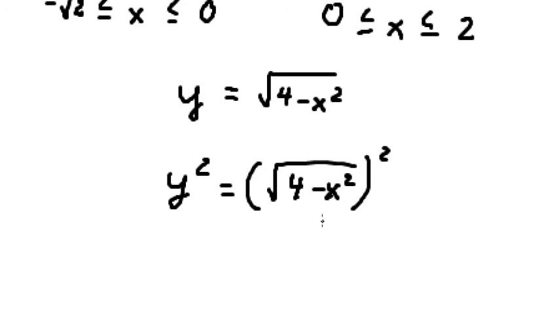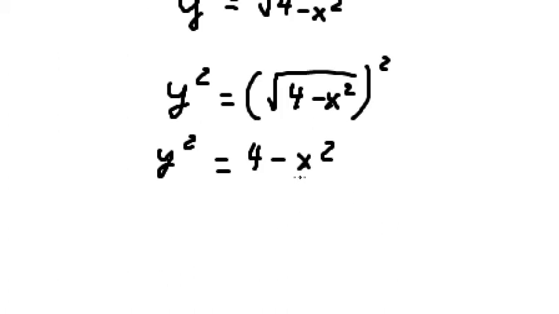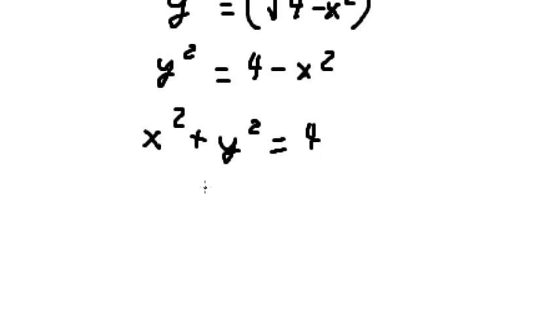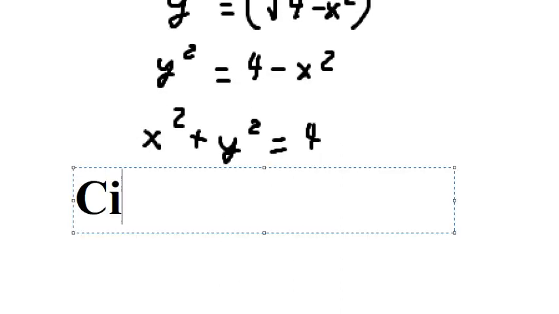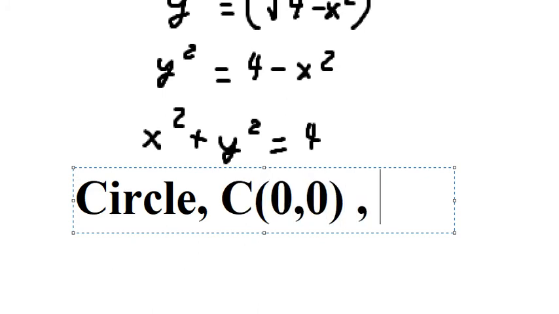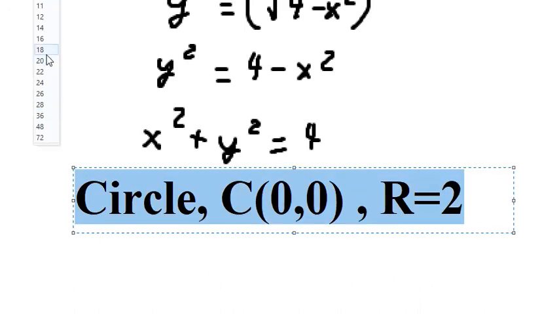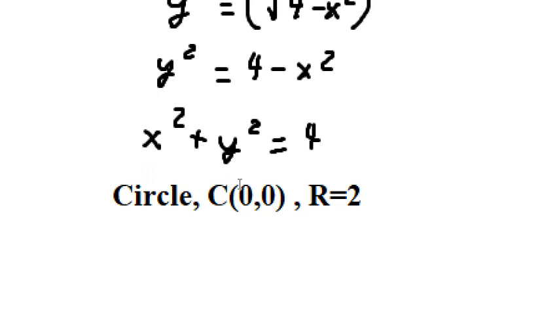So this one, we have 4 minus s squared. So I will put this one go to the left. And we see that this is about the circle with the center 0, 0 and the radius is about number 2. So we need to draw the circles in here.